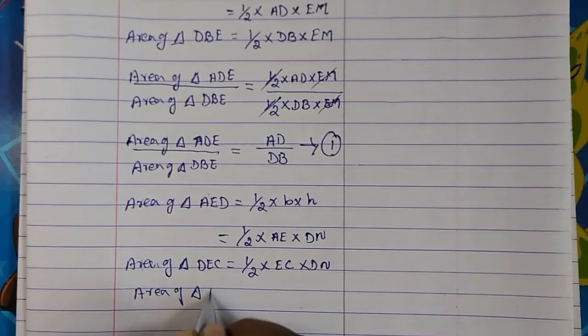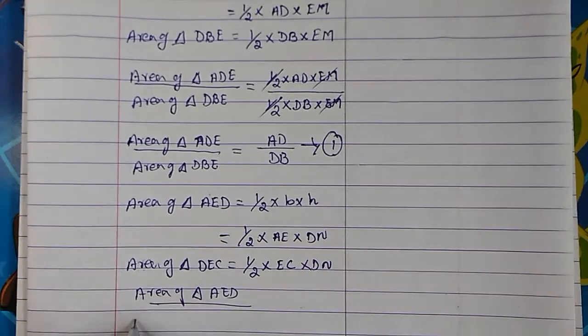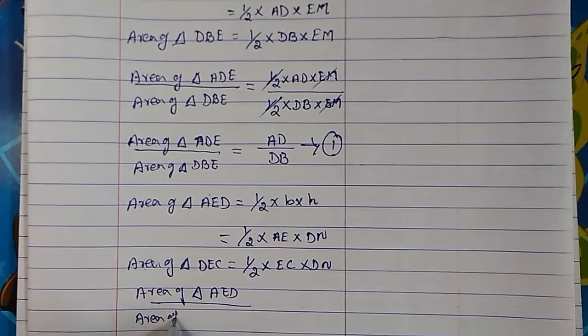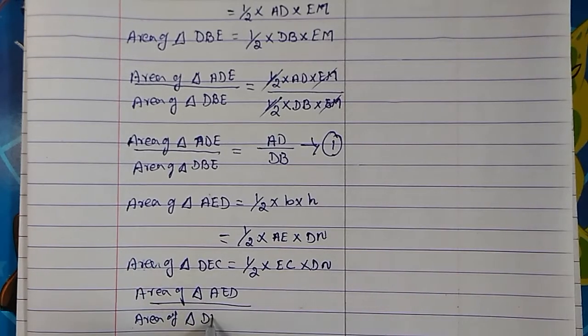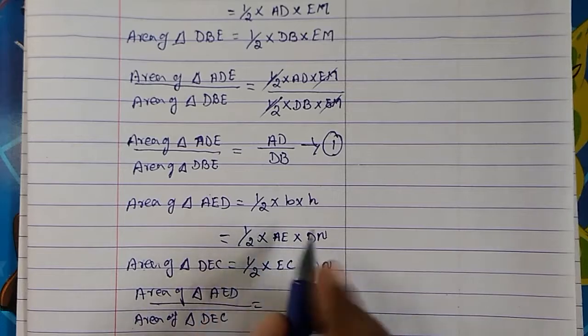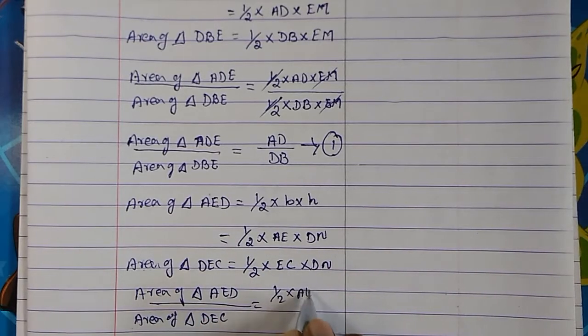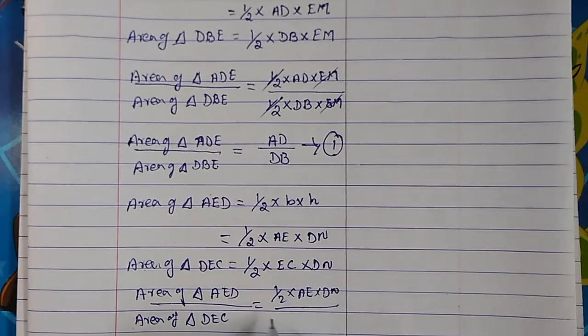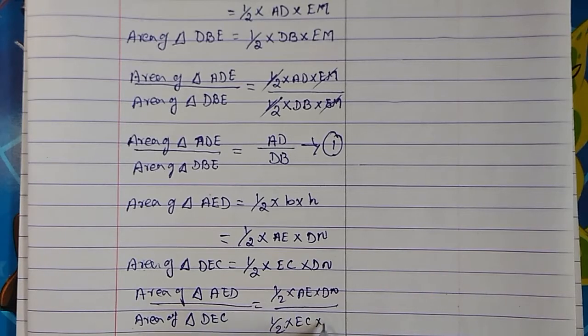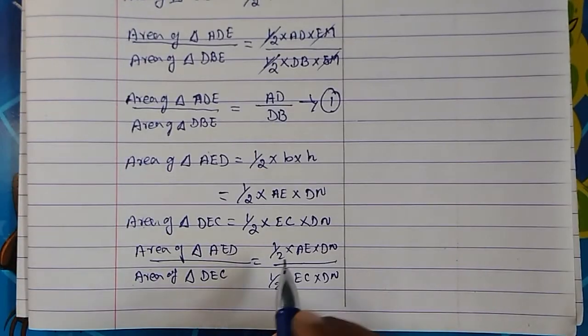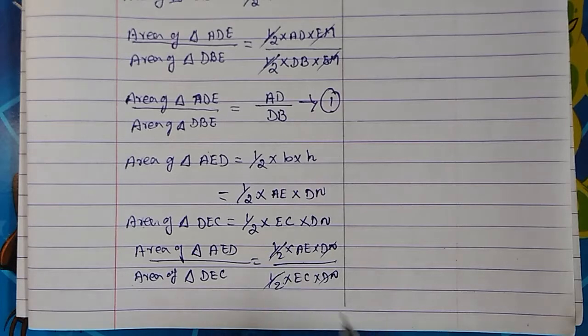So now let's write the ratio. Area of triangle AED upon area of triangle DEC is equal to half into AE into DN upon half into EC into DN. So both get cancelled.